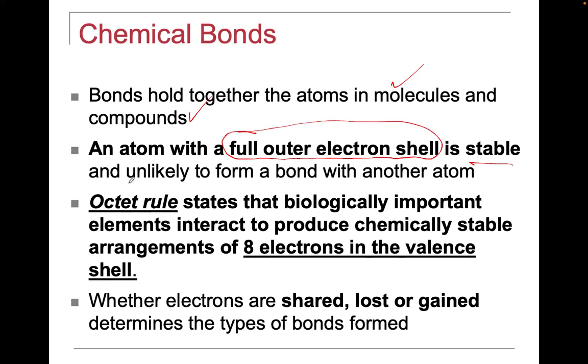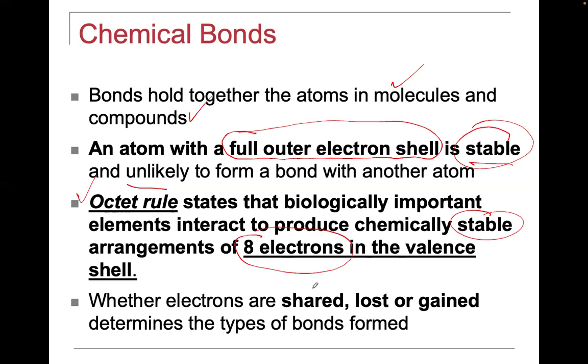If it's stable, it's very unlikely that it's going to form a bond with something else because it doesn't need to. It's already stable. What makes it stable is the octet rule. It states that biologically important elements interact to produce chemically stable arrangements of 8 electrons in the valence shell, that outermost shell. You want to have 8.